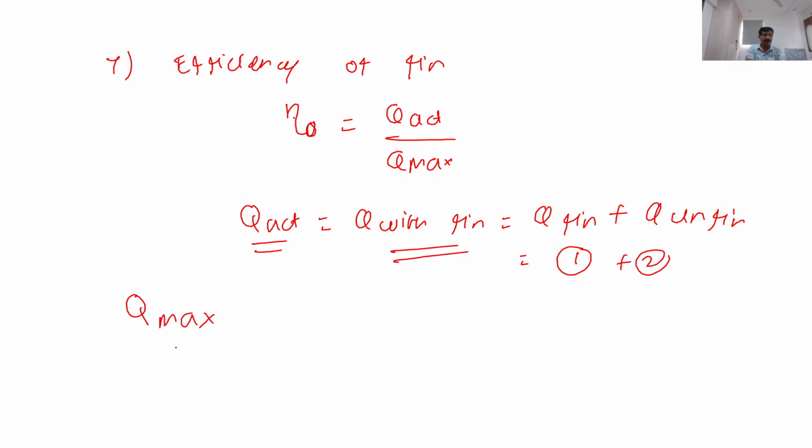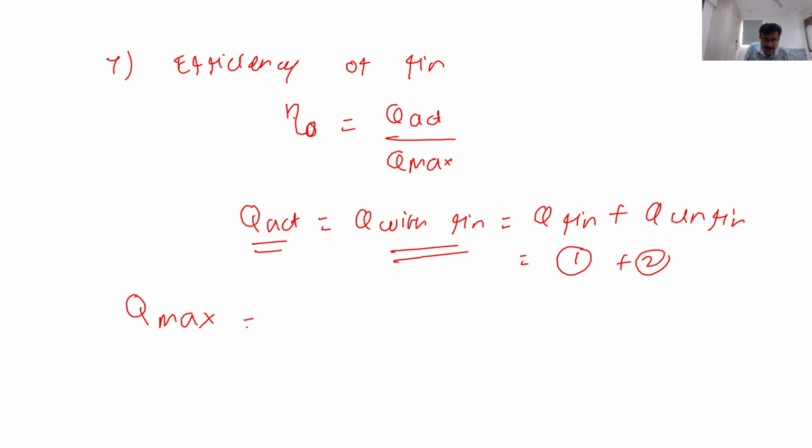What is Q max? Q max is the ideal condition. It is theoretically present. Practically it is not the case. Why? Because temperature always decreases from base to tip. So Q max means maximum possible heat transfer rate from the fin surface. It is possible only when, right from the base to the tip of the fin, the temperature is assumed to be constant and equal to the base temperature, that is the maximum temperature.